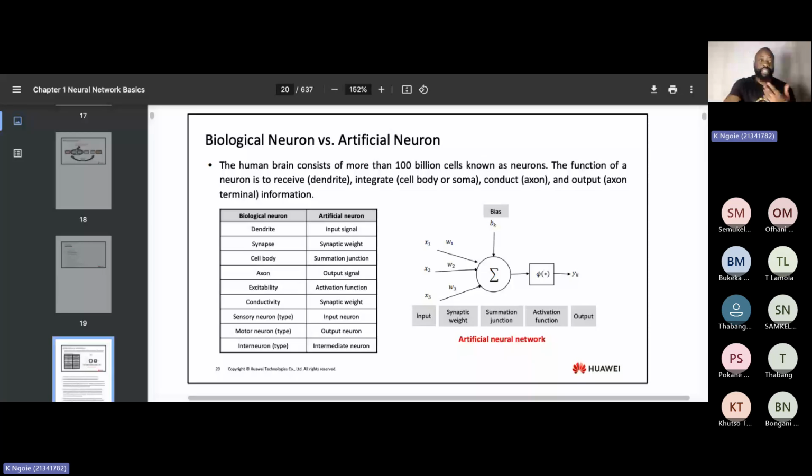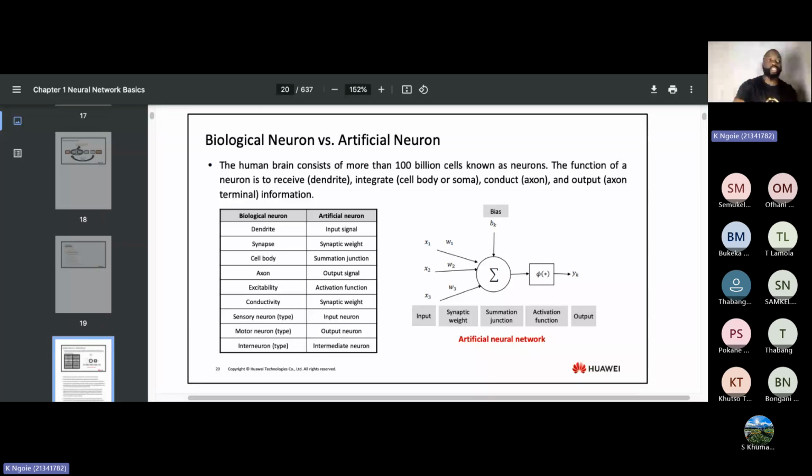In the case where I told you we're trying to find if the number that was written is a 1, a 2, a 3, we have about 9 options, from 1 to 9. So the activation function is going to tell me, based on this calculation, that the highest probability is that this number is a 7, and that will be the output, number 7. So that's how the neural network works.